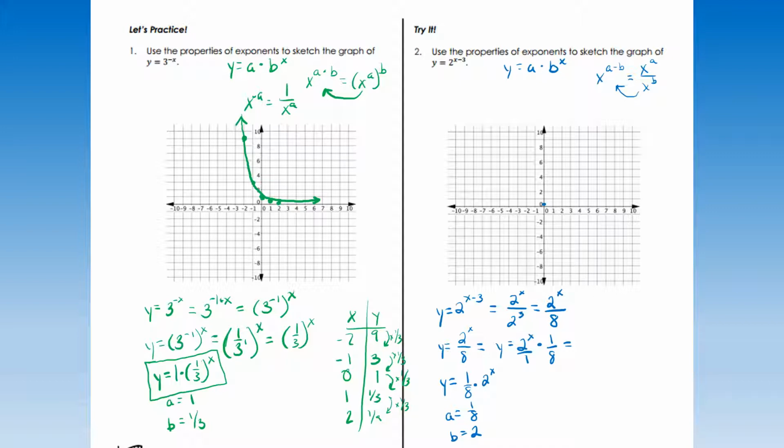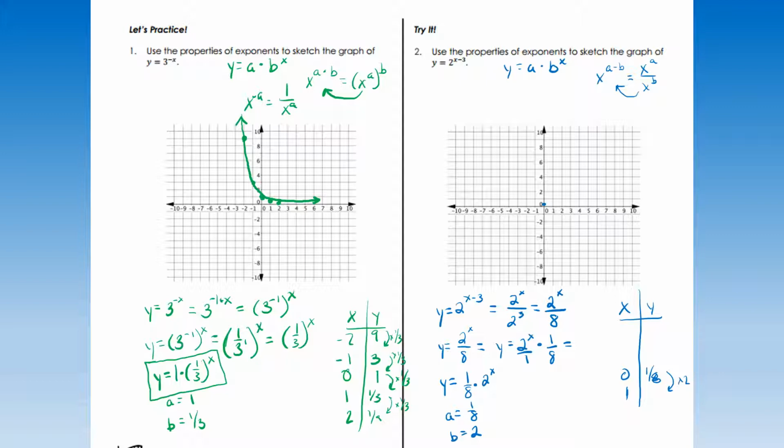Okay. And now let's try to make a table to find some other values on our graph. So x and y. I know the y-intercept is 1/8. And I know my common ratio is 2, which means I'm multiplying by 2 to get the next term.